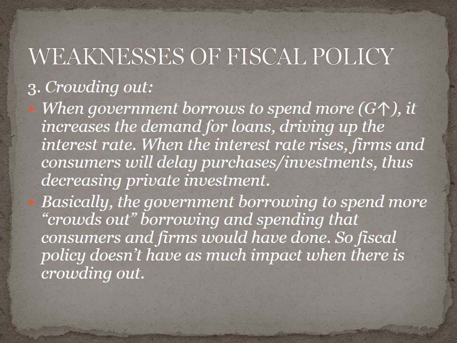Okay, so the government borrowing to do the spending, the fiscal policy, crowds out borrowing and spending that consumers and firms would have done. Okay, so if there is crowding out, fiscal policy is less effective. That is to say, the government borrowing just replaces some of the borrowing that would have happened anyway.